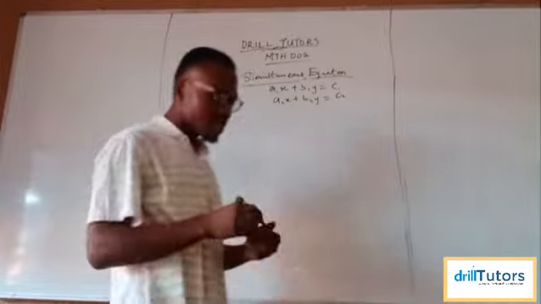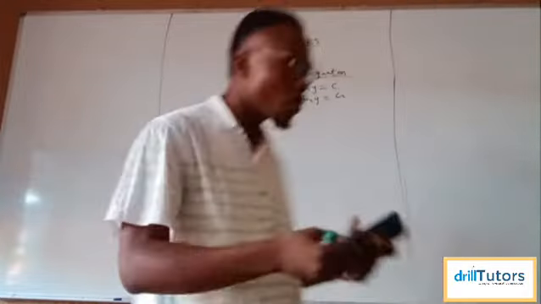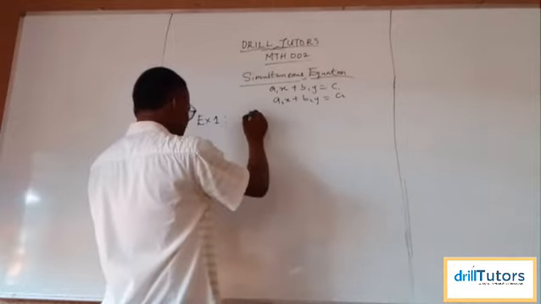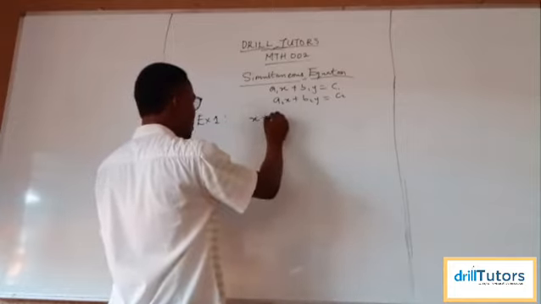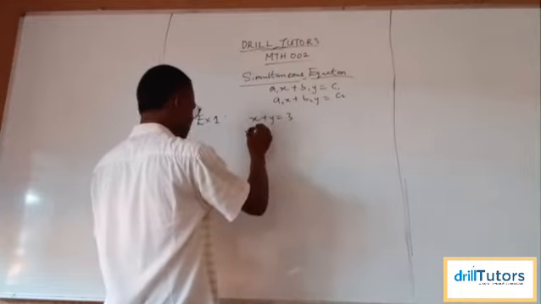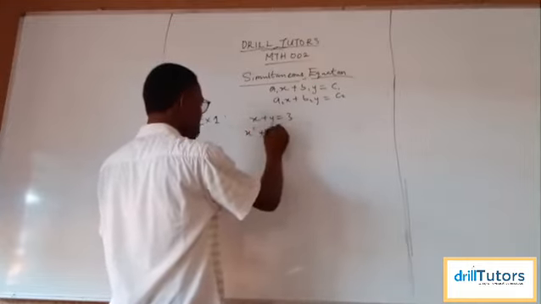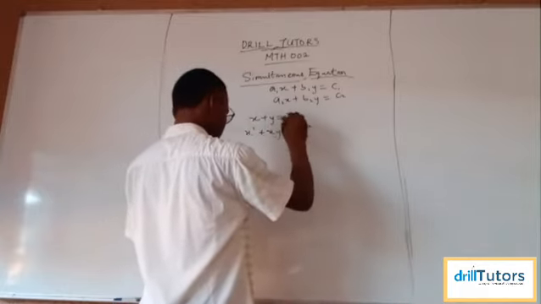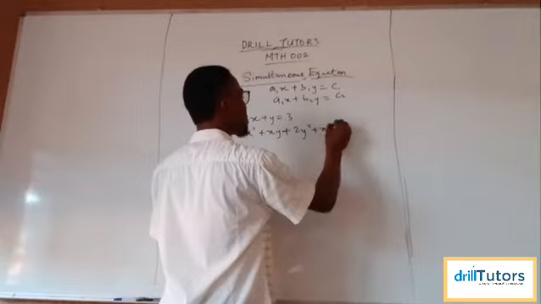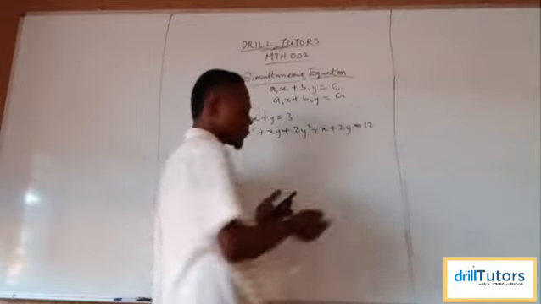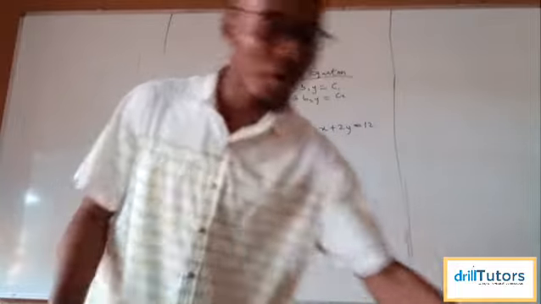If I give you this pair of equations to solve, x plus y equal to 3 and x squared plus xy plus 2y squared plus x plus 2y equal to 12, find the solution to the pair of equations.